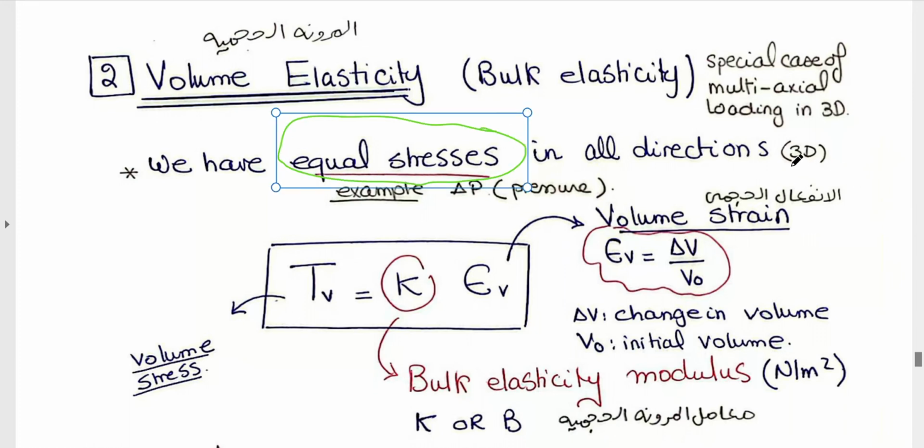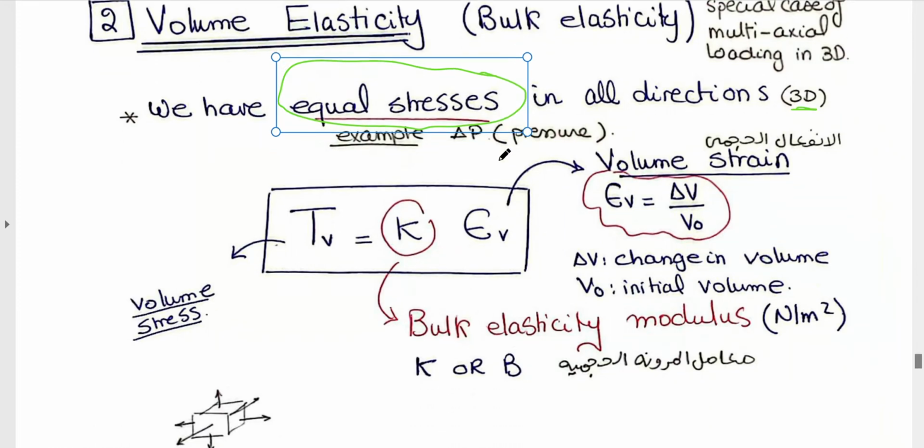Now we have stress in 3D, so the volume stress is proportional to the volume strain. The constant of proportionality in this case is called the bulk elasticity modulus. Its symbol is K, and in some references they use capital B.